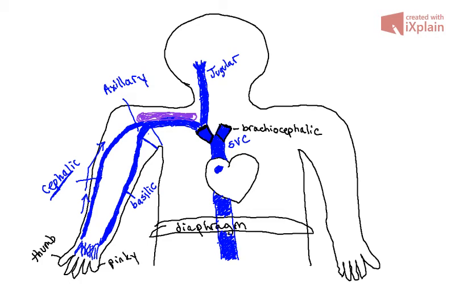Now, at the elbow area, here is the elbow area. At the elbow area, this branches between the basilic and the cephalic and makes this nice little area from which you can get your blood drawn.